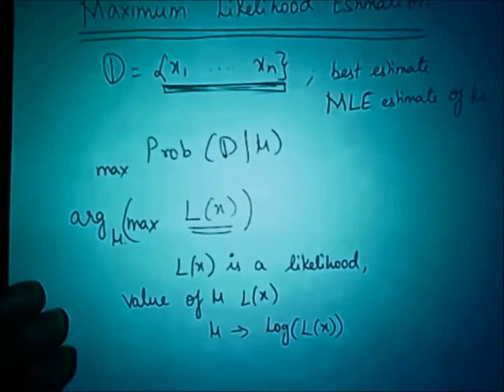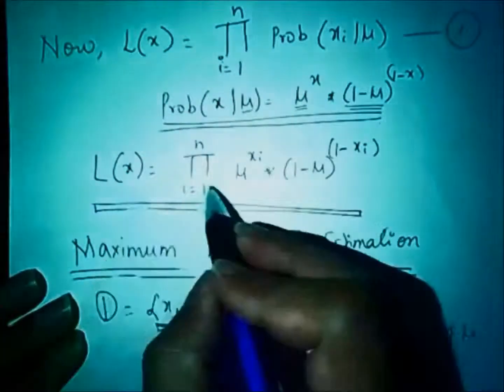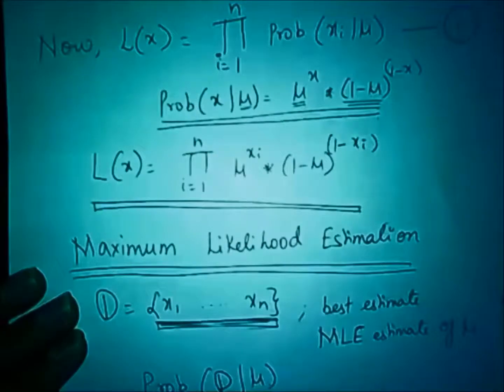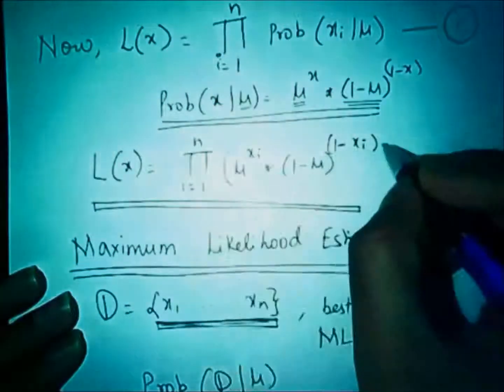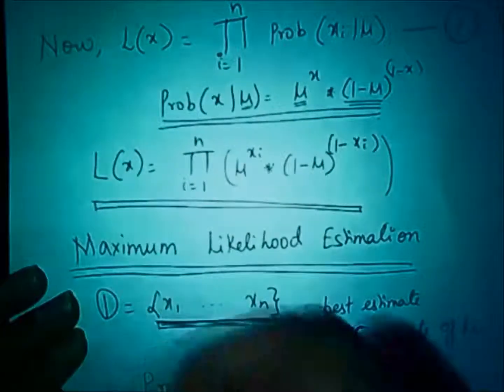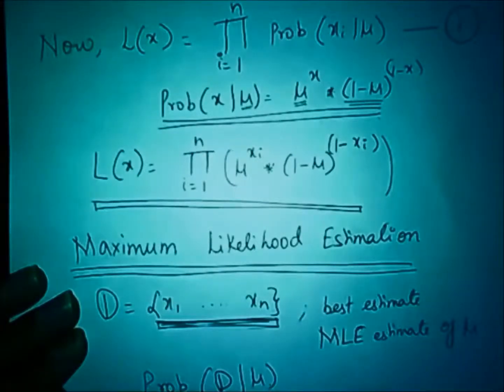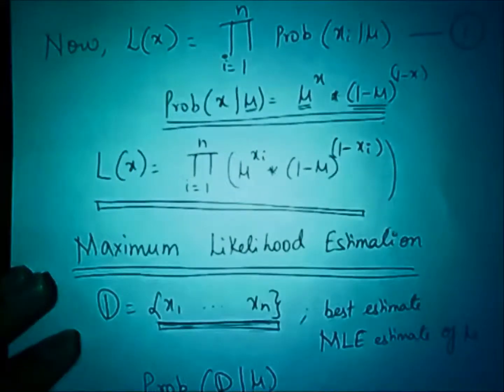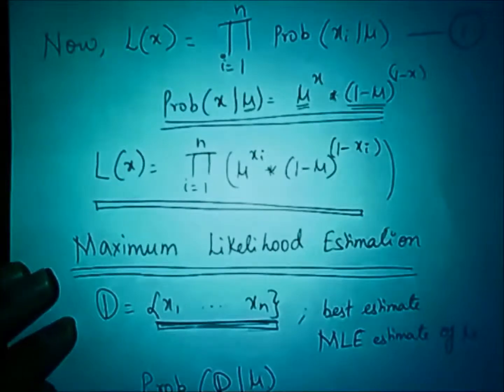So the advantage of working with logarithms is, here you can see that L of X is a product of many parts. So when you actually take the logarithm of L of X, you end up with a sum of a lot of parts. We are going to see how it is going to work now. So I am going to take the logarithm of the likelihood function and I am going to maximize it. So this is why it is called the maximum likelihood estimation.